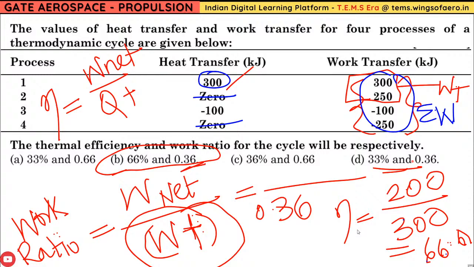So we have only one option that is 66. You can directly say this is the right option without seeing anything. If there is another option with other parameters, then you have to look into that. So no need to waste much time once you have found the eta value. If the values are not different from each other, then you can go for that. This is how you can save time.